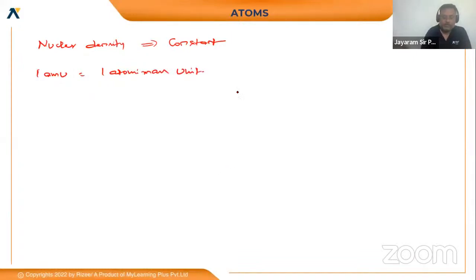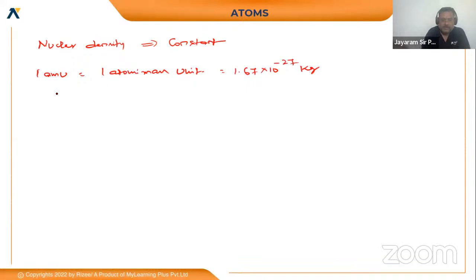One atomic mass unit, 1 AMU, is equal to 1/12 of the mass of the carbon isotope, and the value can be written as 1.67 into 10 to the power of minus 27 kg. Remember the 1 AMU value, please.